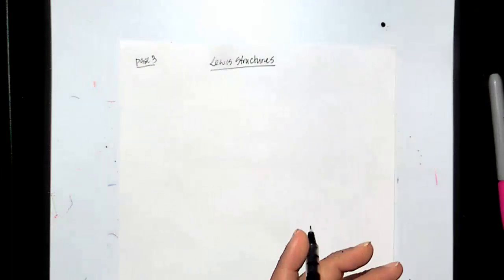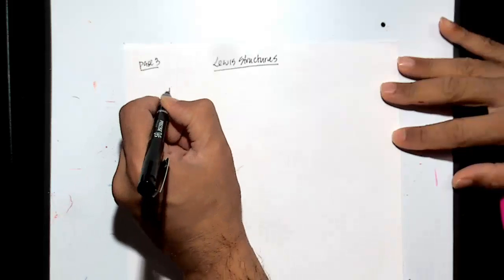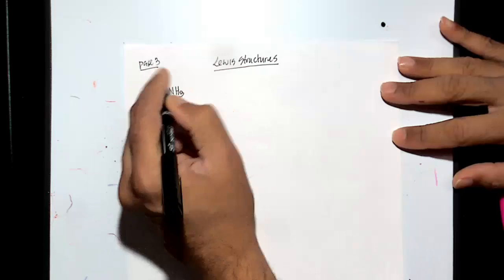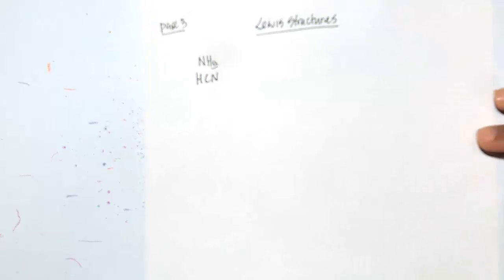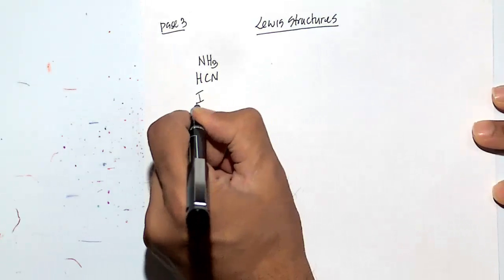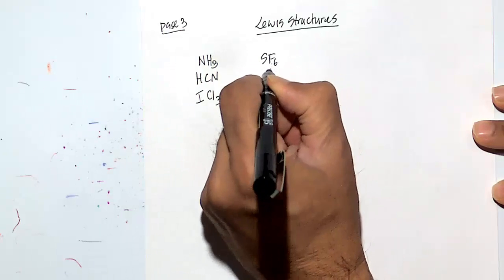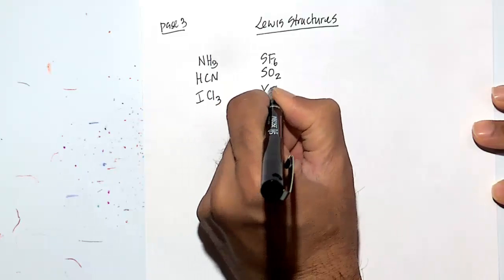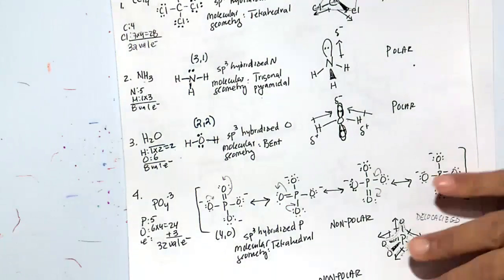As an example, you'll see NH3, ammonia; HCN, hydrogen cyanide; ICl3, iodine trichloride; sulfur hexafluoride; sulfur dioxide; xenon tetrafluoride; plus those that you see on Canvas alongside your study guide.